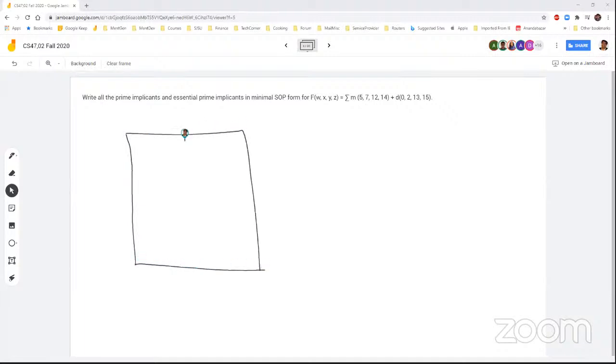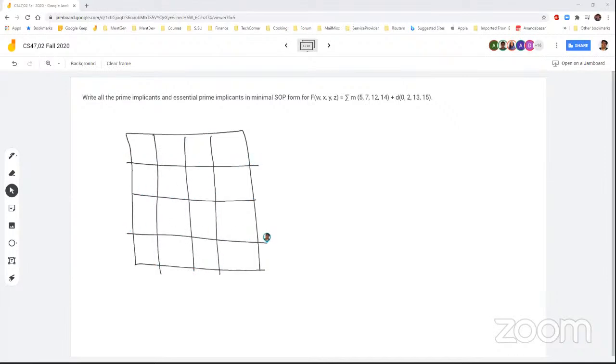It's a 4 variable, so a 4 by 4 K-map will be drawn. W, X, Y, Z. Put the indices: 0, 1, 2, 3, 4, 5, 6, 7, 8, 9, 10, 11, 12, 13, 14, 15.